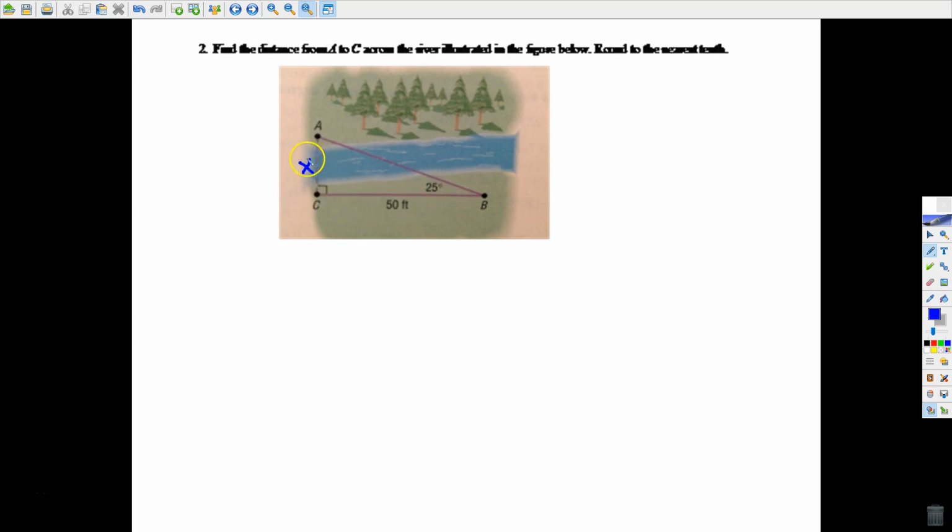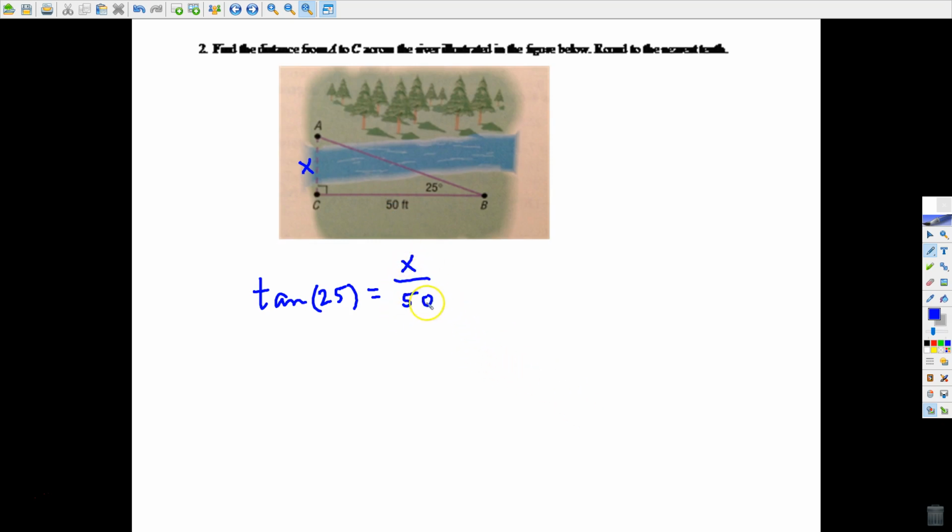So think about your trig ratio that involves opposite over adjacent, and that's the tangent ratio. So tangent of this 25 degree angle will be the opposite side, which we don't know yet, divided by the adjacent side, which is given.